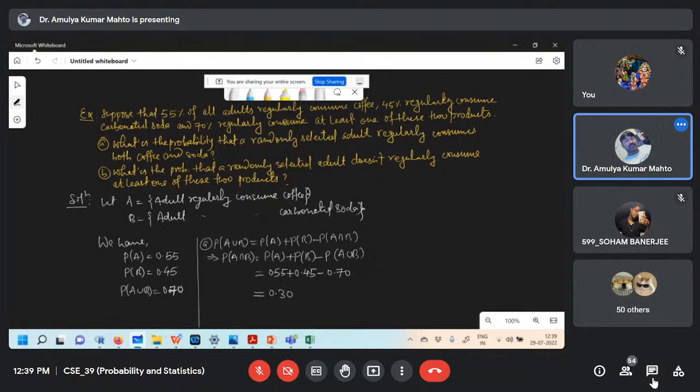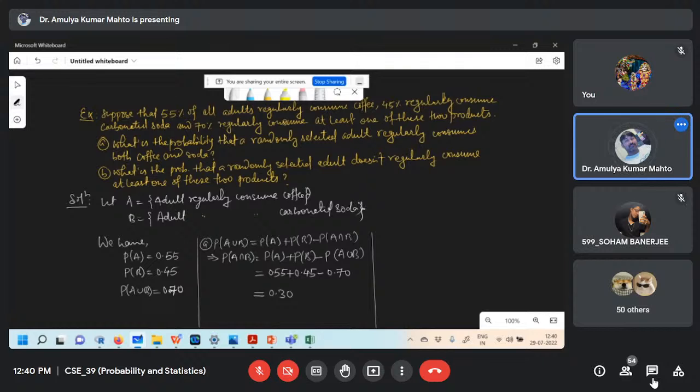The second one is the probability that a randomly selected adult doesn't regularly consume at least one of these two products. Means what? You can say the same event as the adult consumes only carbonated soda or doesn't consume both products, or the selected adult consumes only coffee, or consumes only carbonated soda, or doesn't consume both products.